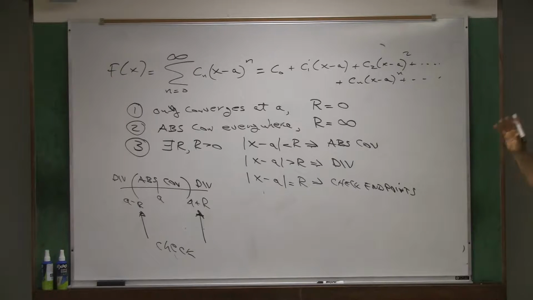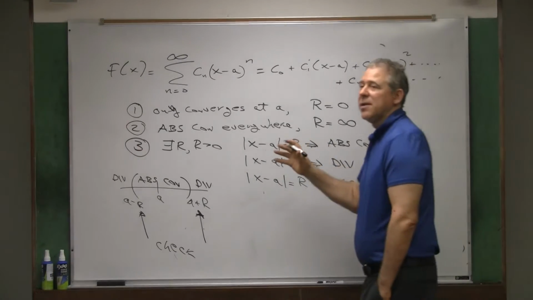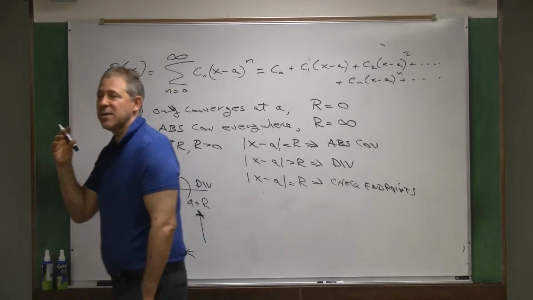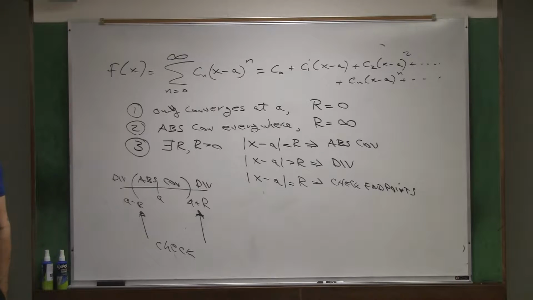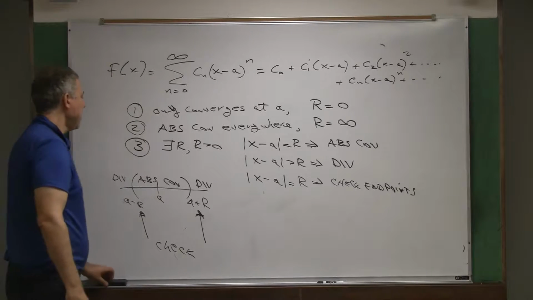Because the ratio test works when the limit that you take in the ratio test is less than 1. So you're going to force it to be less than 1 to get a condition on x. Right? This is the strategy that you're going to use. So let's write that down.